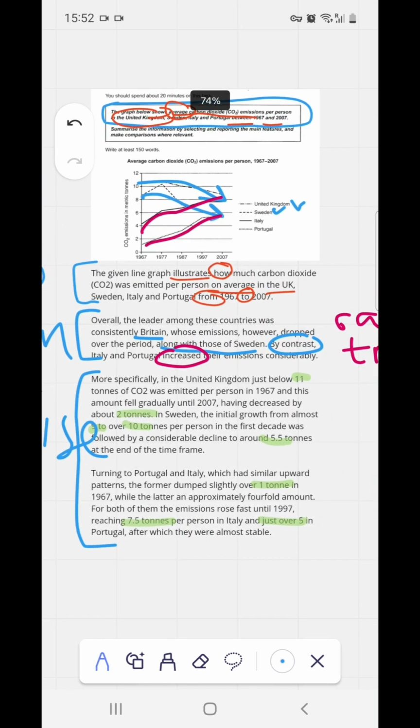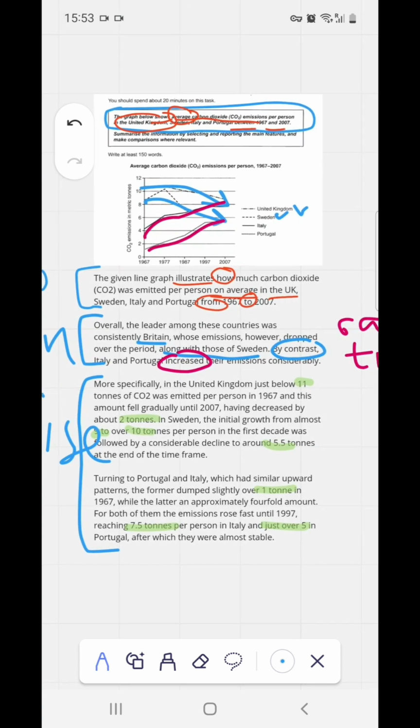Okay, now let's look more closely. So here we had 4 lines in the graph, and I wrote one paragraph about two countries, the United Kingdom and Sweden, and the other paragraph about the remaining two countries.